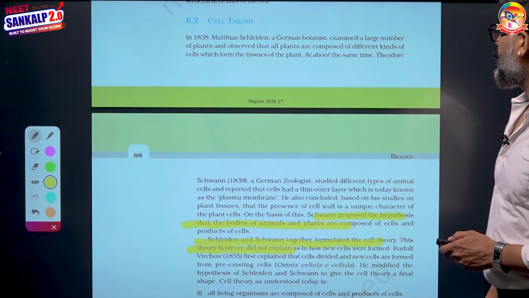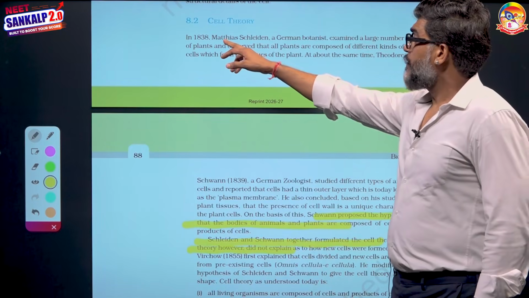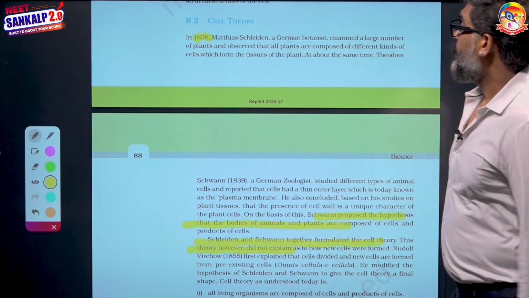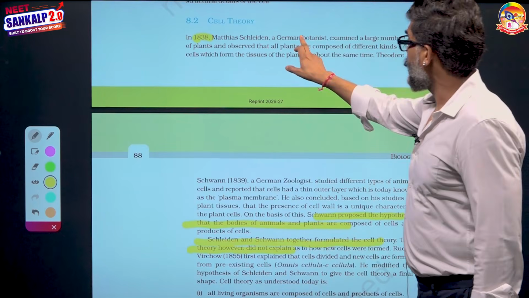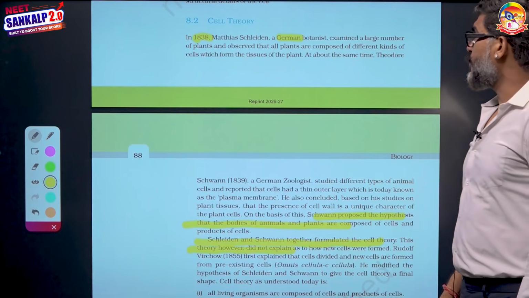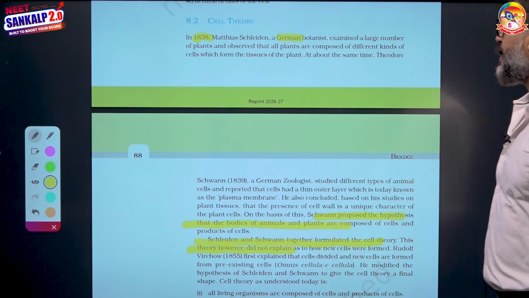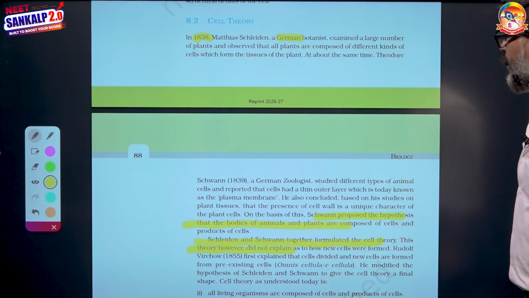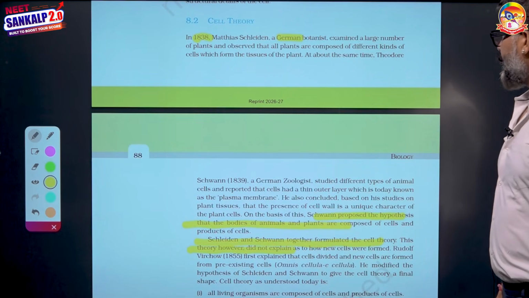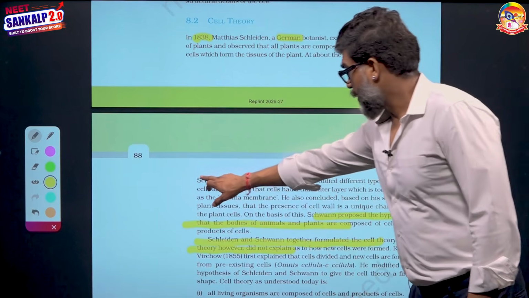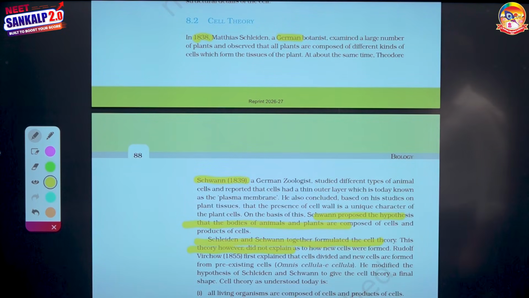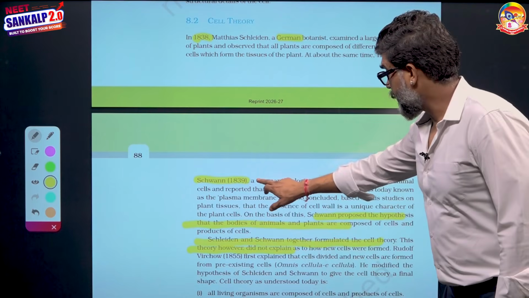Then the cell theory. In 1838, Schleiden, a German botanist, examined a large number of plants and observed that all plants are composed of different kinds of cells which form the tissue of the plant. Plants are made up of cells. About the same time, another scientist, Schwann, a German zoologist, studied different types of animal cells. Here also again German.